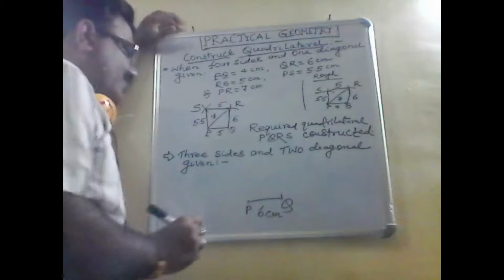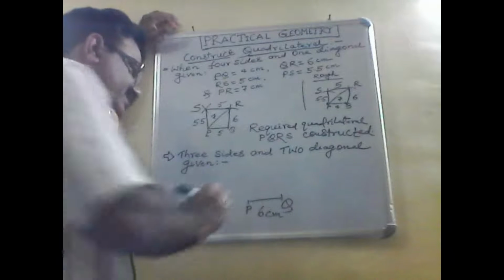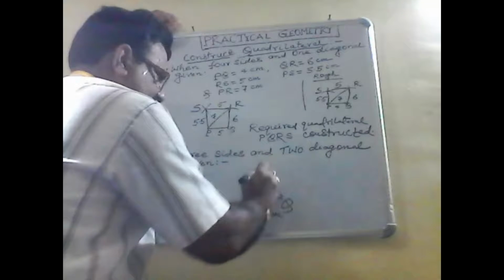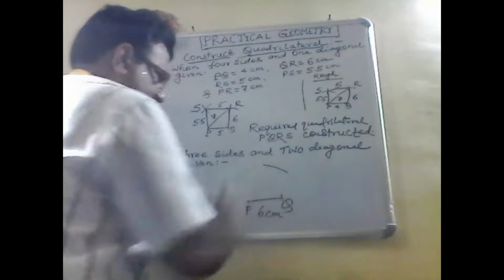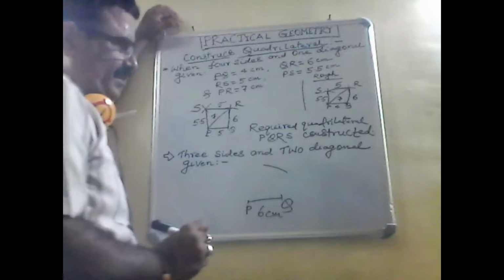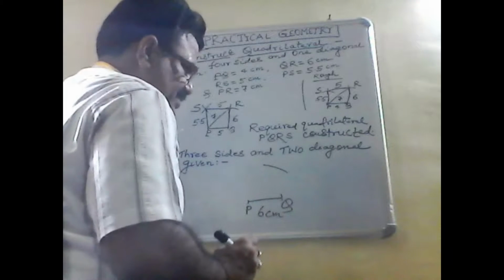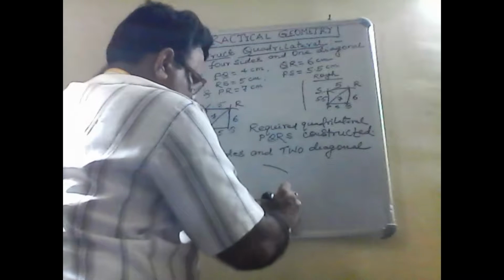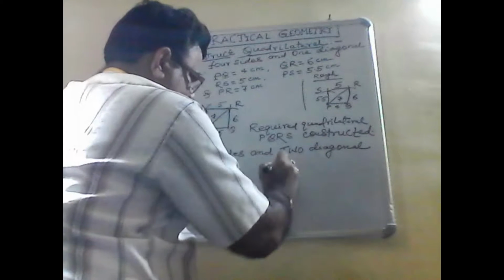Again one diagonal has been given, that is PS. From P you take an arc by measuring the length given in the question, and SQ is also given, so from Q also take SQ.